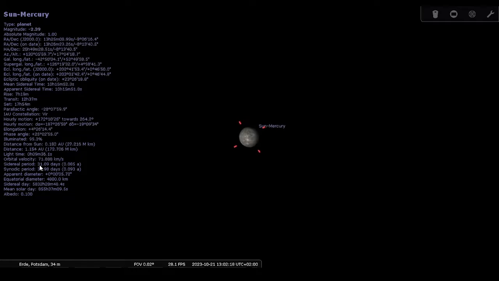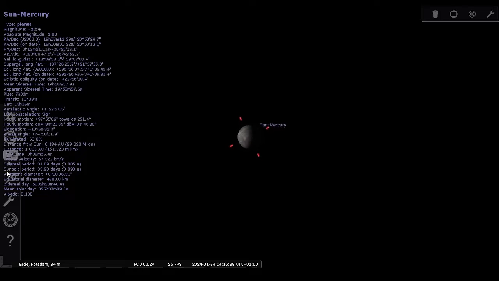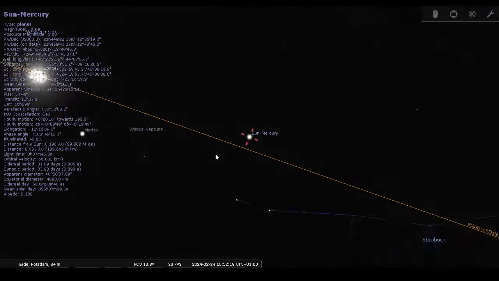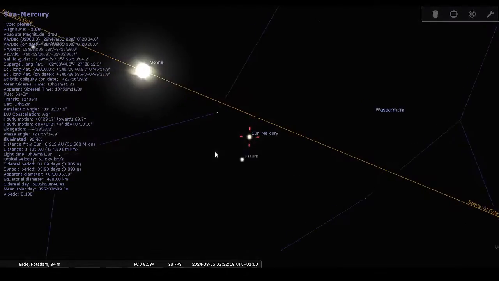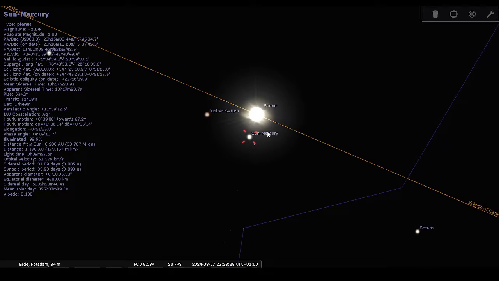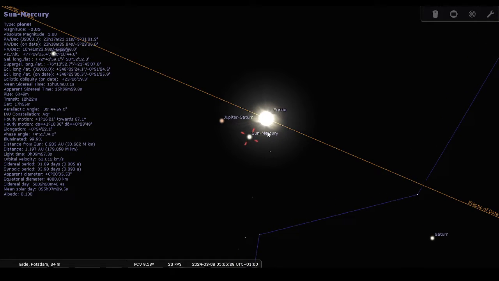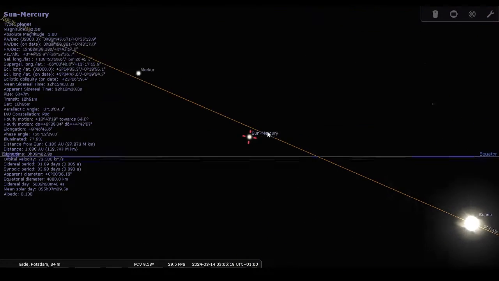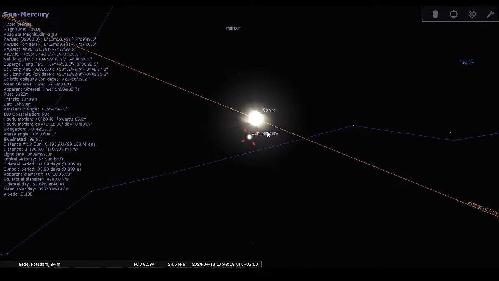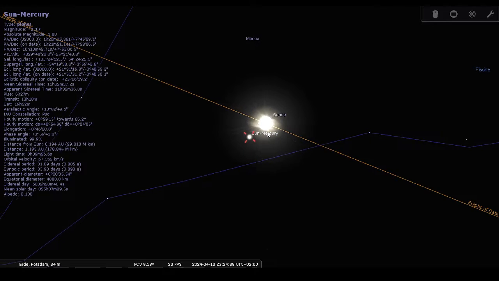So that is the sidereal period. It's the time it takes to orbit the Sun once. And the synodic period is the period in between two conjunctions with the Sun. For example, here there is a conjunction. This planet is behind the Sun, and the next time, this time, that is also a conjunction behind the Sun.